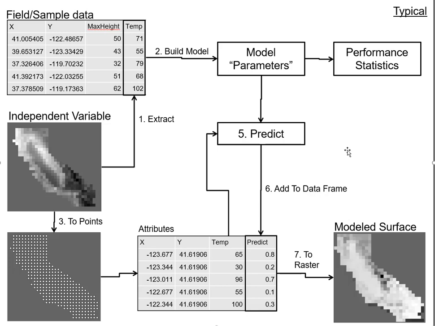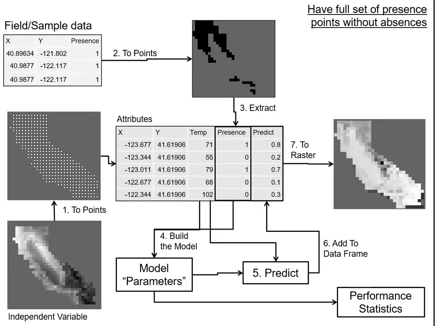And this is typical. There is a situation that arises, especially when we're dealing with just present points or occurrences. In other words, that's where we're getting our sample data and all we have is presence. So we don't have anything to regress against. Okay, this ends up with these kind of maps where it's just one value. We can't really do a lot with that. So what we can do is build a model off of our presence points.